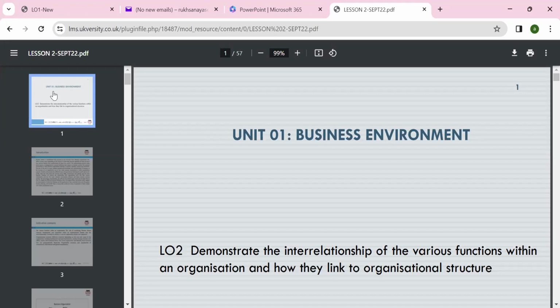When we call functional area or function, it can be HR, marketing, finance. These are all known as the functional areas. So functional areas are very important, and we have to work in a way to achieve the organization objective.